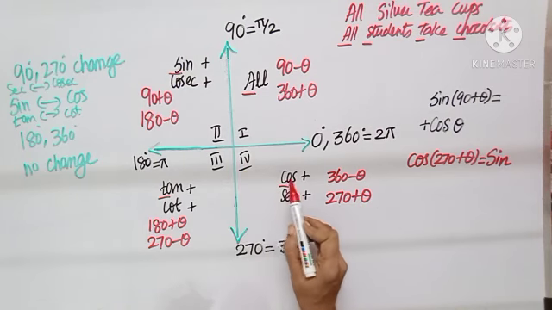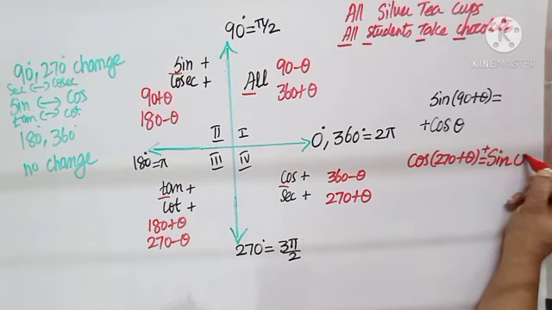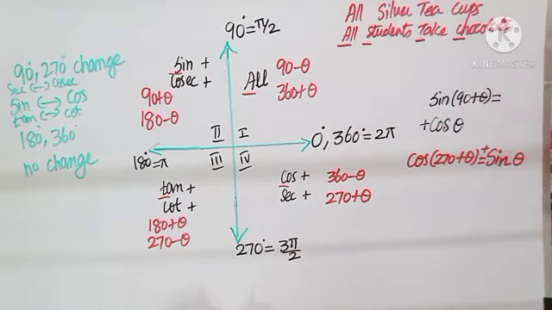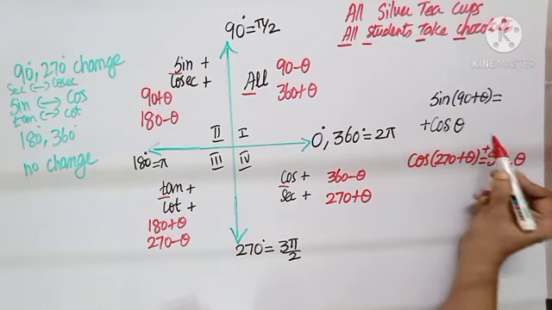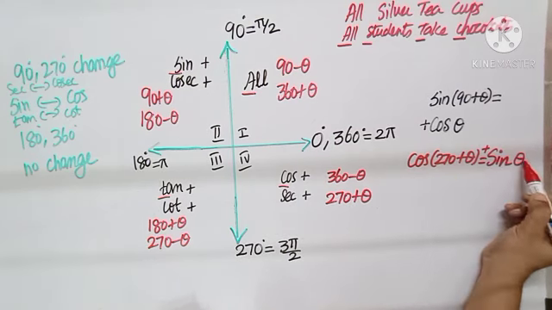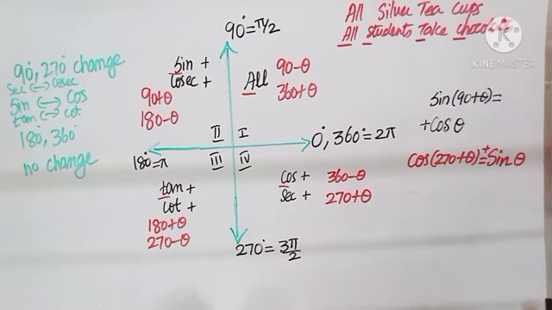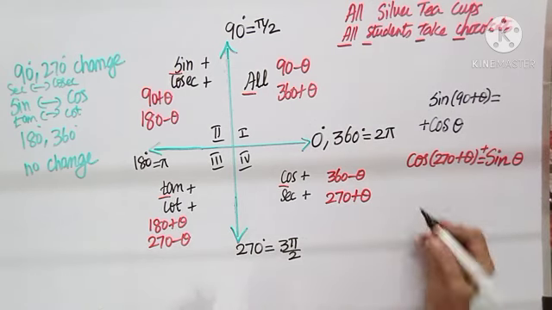Fourth quadrant, cos is positive. So plus sine theta is my answer. This cos becomes sine because of 270. When I put the answer, I put only theta. This 270, I have to check the quadrant and put the symbol. That's all. We'll see one more example.